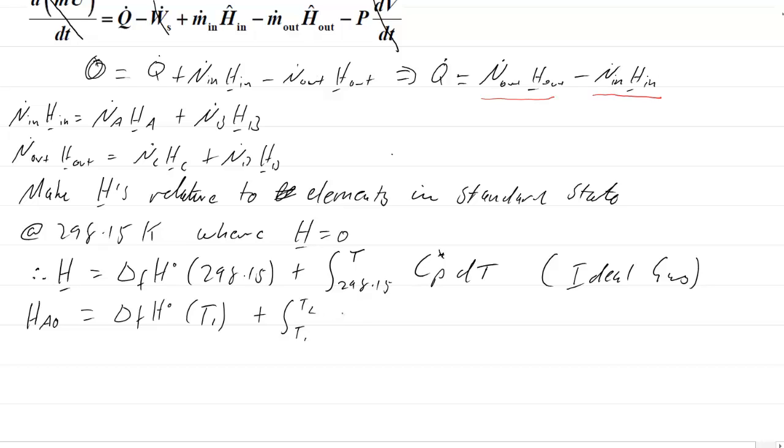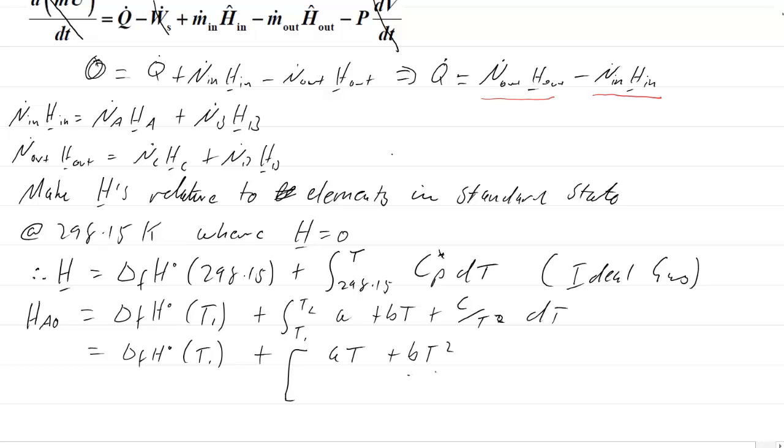And so the Cp is in the form A plus BT plus C on T squared. Okay, so that's a very general form, dT. And so then we can do the integration. So this is still just the heat of formation at T1 plus the integral, so AT plus BT squared on 2 minus C on T, between T1 and T2.